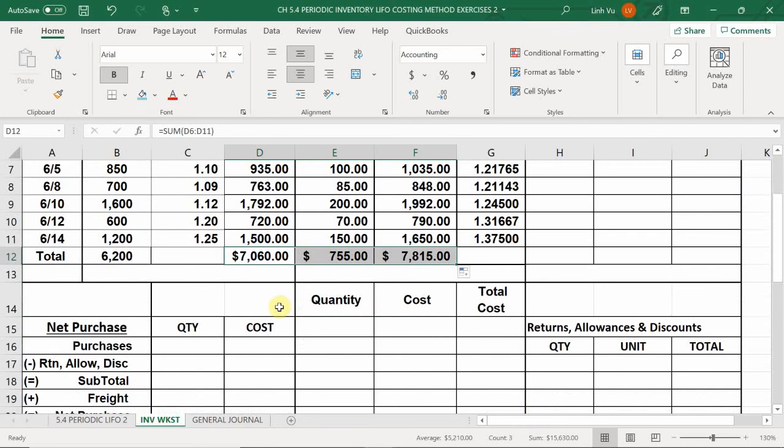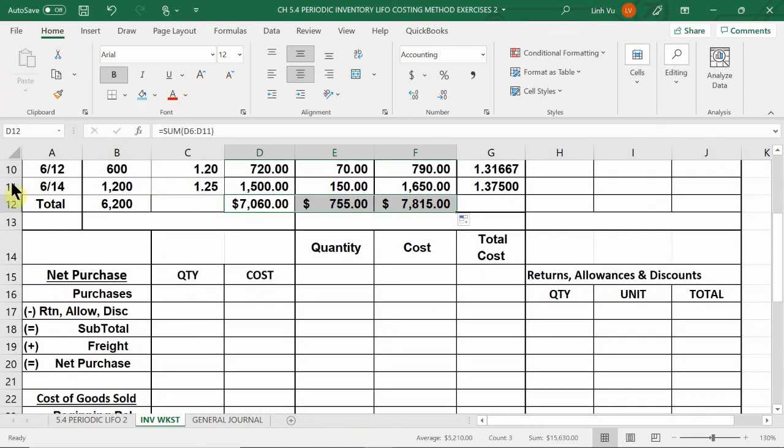Good. All right. So let's go ahead and plug our numbers into our inventory worksheet here.